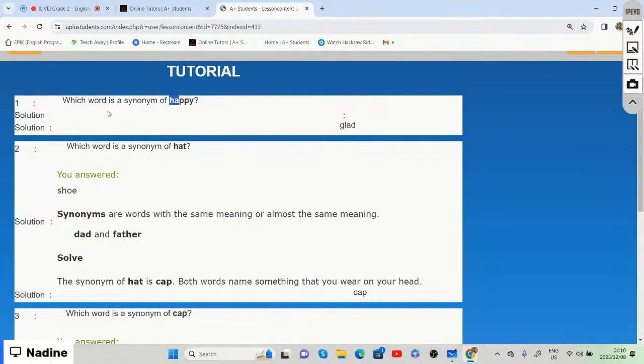If we look at this word happy and try to find another word with a similar meaning, we can say it is glad. It's like saying, I'm happy for you, and then you just say, I'm glad for you, right?